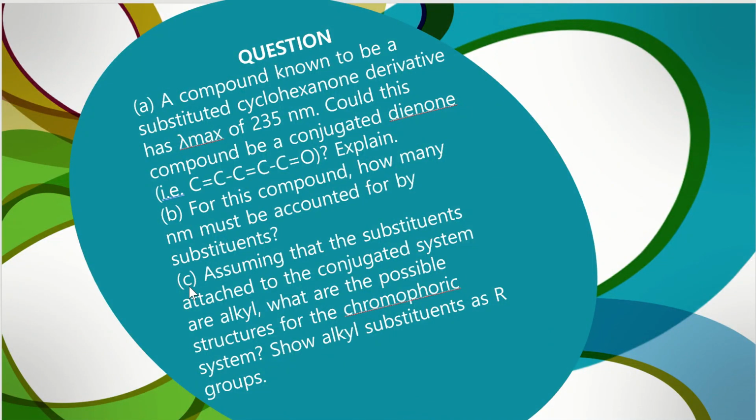That's part B. Part C says, assuming that the substituents attached to the conjugated system are alkyl, what are the possible structures for the chromophoric system? Show alkyl substituents as R groups, right? So please try to attempt this question when next I see you.